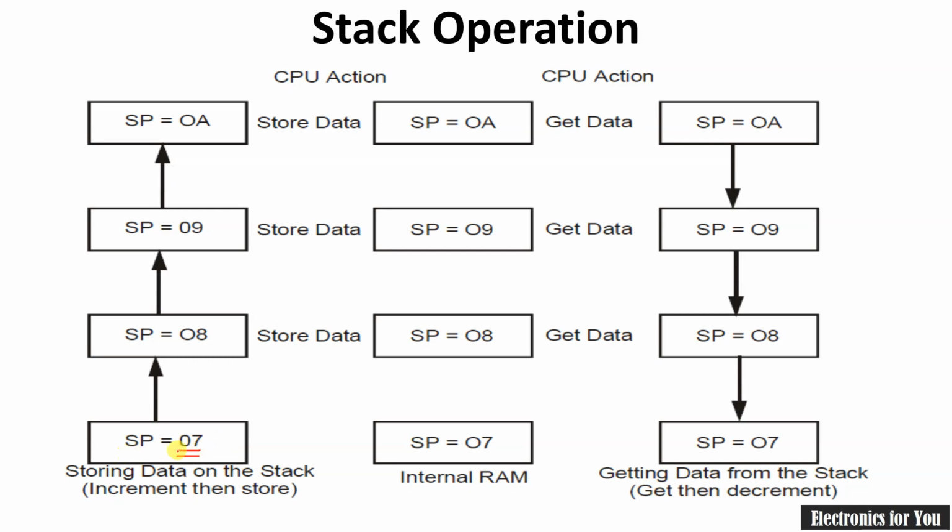Here SP equal to 07H will increase to 08H and then it will store data. Note that while storing data, first the address of the stack pointer is incremented and later the data is stored. So from 07H to 08H.